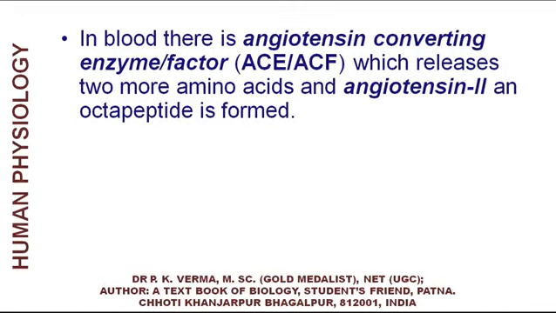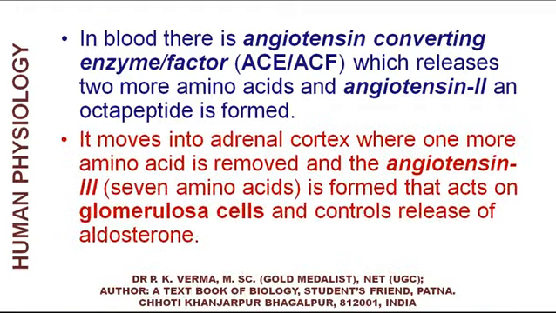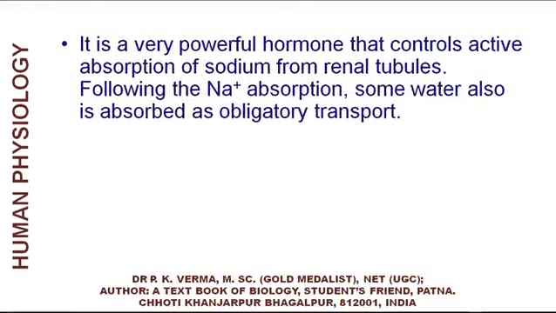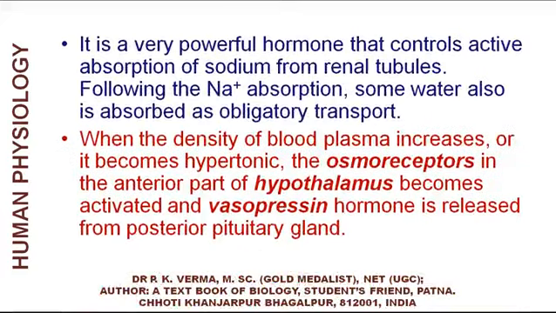Angiotensin 2 has only 8 amino acids, so it is an octapeptide. It moves to adrenal cortex and particularly the outer layer known as zona glomerulosa. From zona glomerulosa, a hormone aldosterone is released that controls active absorption of sodium from renal tubule but excretion of potassium.